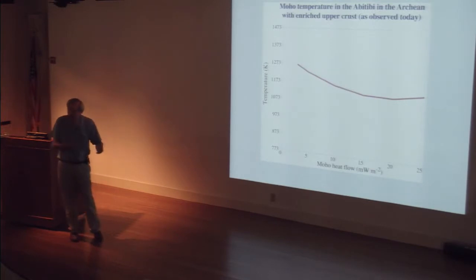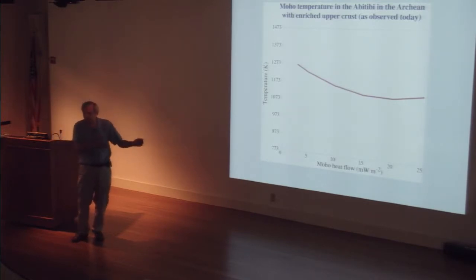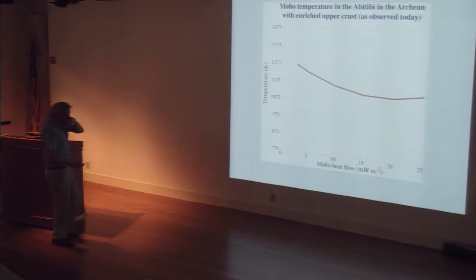Now, the western Abitibi has the largest heat flux in the Abitibi province. Eastern Abitibi is much lower. You can see that in these areas you would produce temperatures in the 900 degrees C range. So in the Archean, undifferentiated crust would certainly have melted. That's the model with an enriched crust, and it's still probably marginally stable.